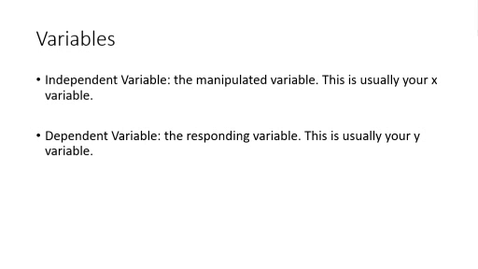Your dependent variable would be the amount of time it takes to fall, the amount of force that's generated, the speed or velocity that's generated. All of that ends up being your dependent variable because it is responding to the height being dropped. So that's your x and your y variables.